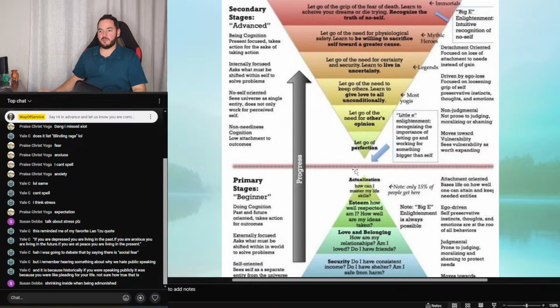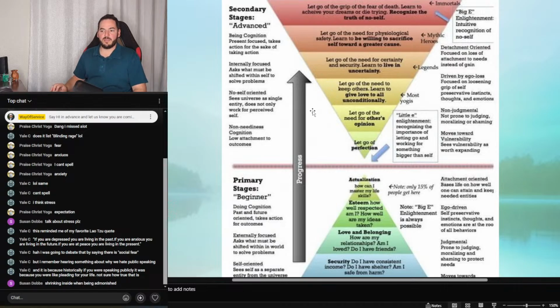And then as we continue, we go from wondering how well respected I am to letting go of the need of other people's opinions or other people's approval, right? So that is the next thing that we can let go of. Then we get to the next level. Do I have friends? How are my relationships? And we let go of the need to keep others. We learn how to give love to everyone unconditionally.